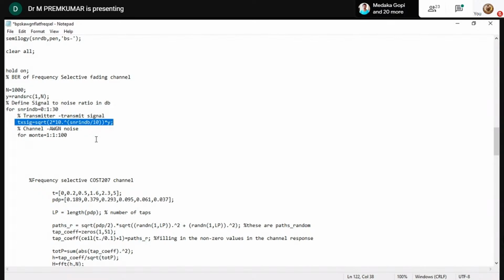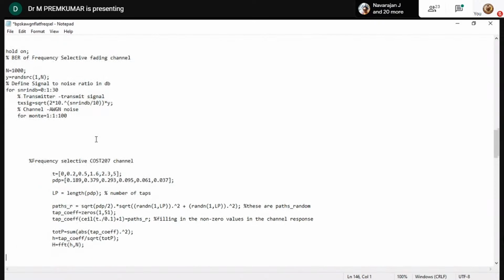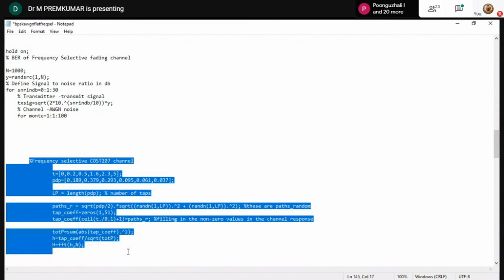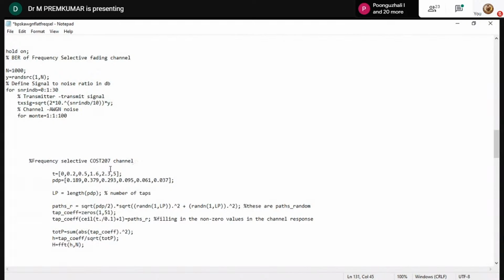So your startup can be an outsourcing unit. These are all some low cost ideas with this example modulation scheme. You can develop some modulation schemes of your own by doing small variations. As I said earlier, this is a frequency selective fading channel, for example, a COST 207 channel. So you can obtain the power delay profile.